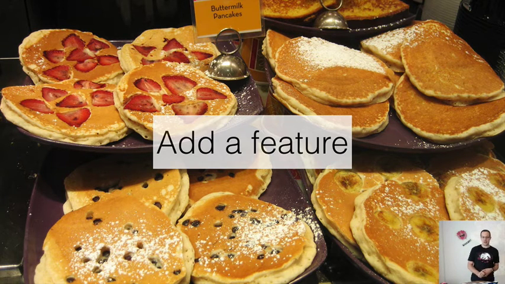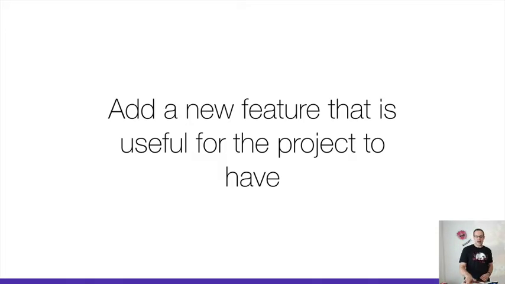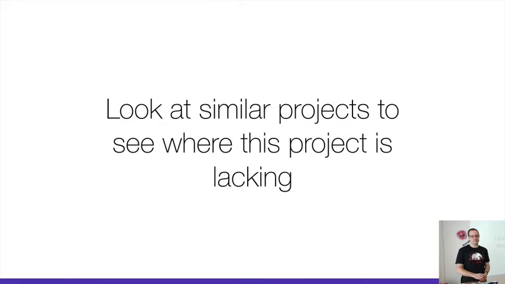The next thing you want to do is add some features, like adding strawberries to these pancakes. You can add any features that are useful for the project to have. So if you have a great idea and you think this project could do with it, and it would make it so much better for not only myself but the users, it's a really good idea to suggest it.